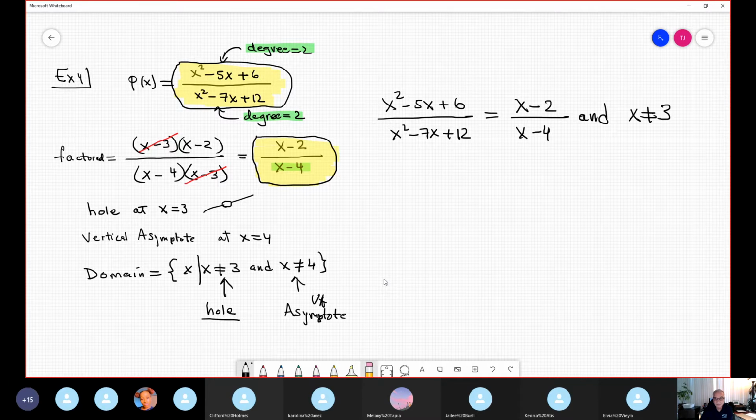Because at 3 we have a hole. This statement is completely true 100%.